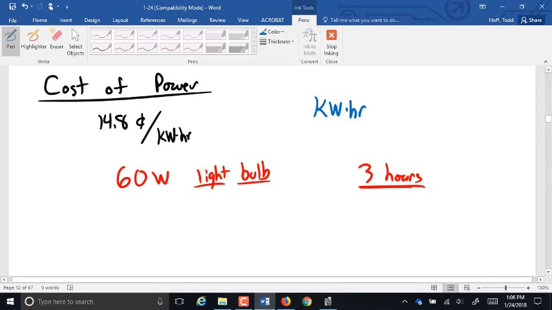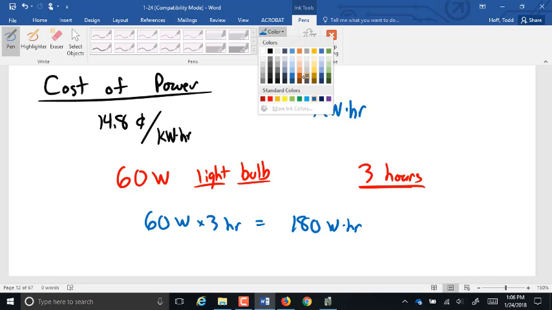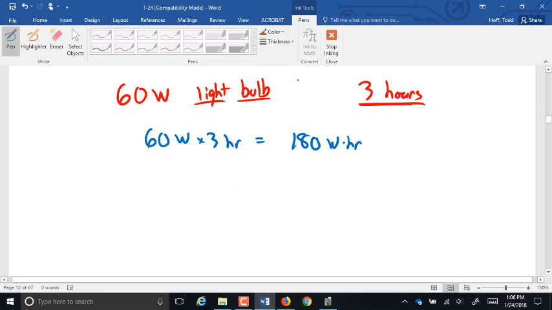So 60 watts times 3 hours is 180 watt hours. Notice that's watt hours, not kilowatt hours. For a month, let's go with a 30-day month.